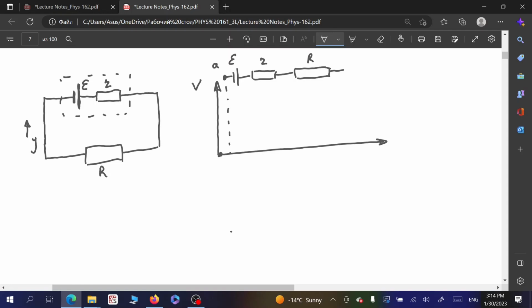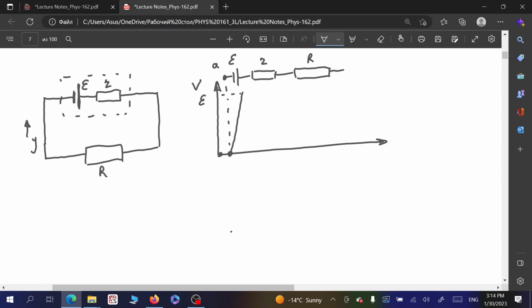From this point A, at which we may consider the potential equal to zero, it rises to a maximum value equal to the electromotive force E as the charge carrier moves through the battery.